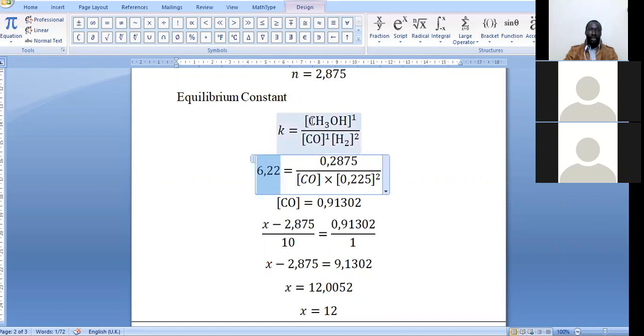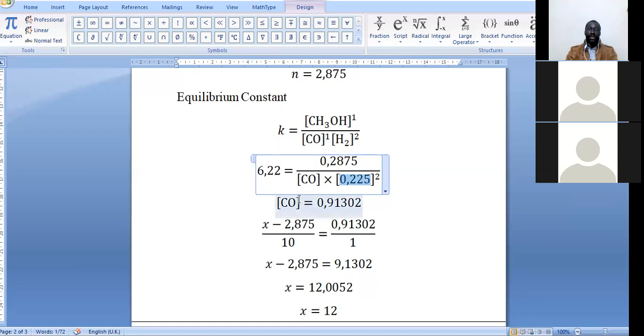The concentration of methanol, the product, we calculated as this. The concentration of carbon monoxide, we don't know, so we write this, okay? Then we multiply with the concentration of hydrogen, which we calculated as this, but we have to square it as part of the formula. So how do we then get the concentration of carbon monoxide?